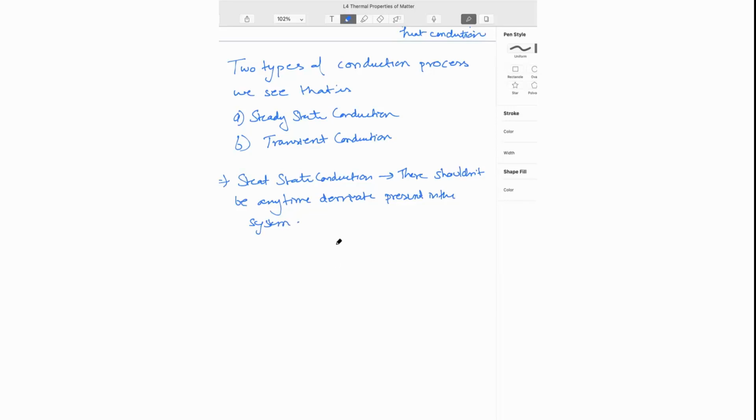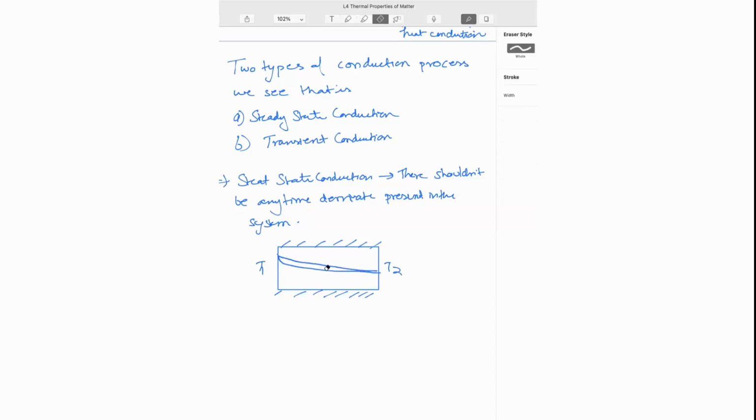Suppose you apply a temperature gradient on this slab. Since T1 is greater than T2, it will go like this.